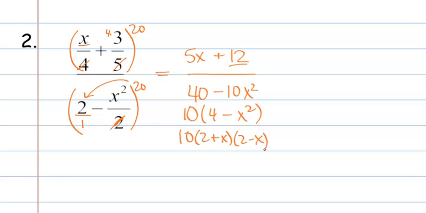Because if I could have taken a 5 out of here, I would have gotten an x plus 2 and I could have canceled, but I can't. So I'm not going to do that, but I think this problem was supposed to be like that. You let me know. I looked at this a bunch, and if I made a mistake, you're going to get bonus points if you catch it. But I don't think I made a mistake.